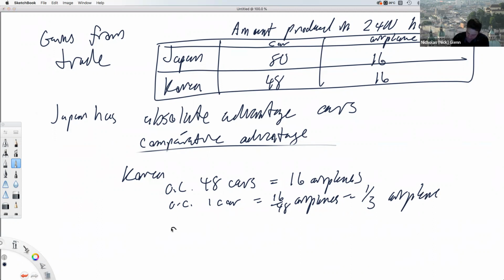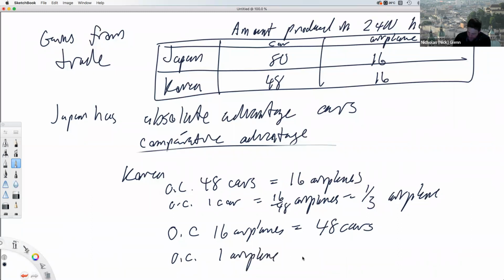Now, what about in terms of airplanes? Well, the opportunity cost of producing 16 airplanes, that is, spending all their time producing airplanes, is giving up 48 cars. So to get this in terms of one airplane, divide 16 by 16, that gives you one airplane.